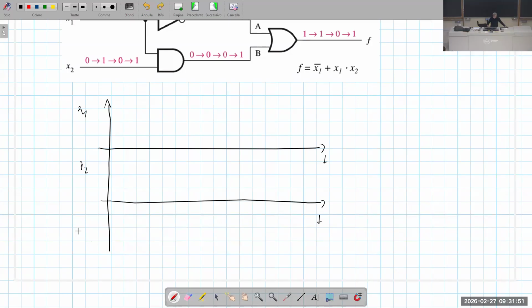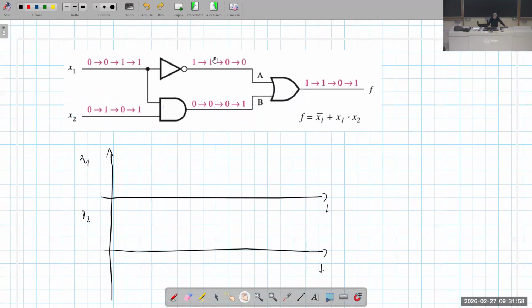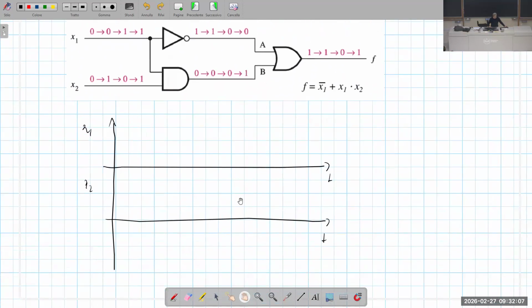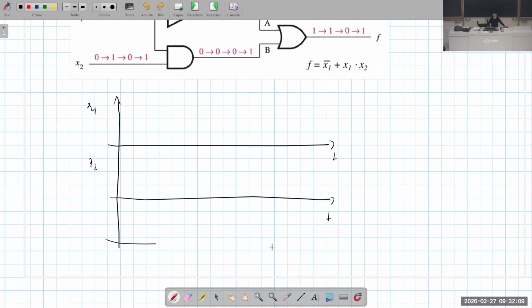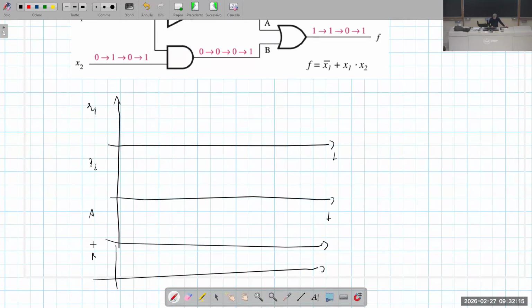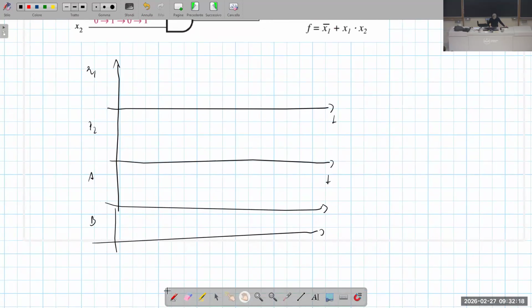To do that, step by step, we can start from the logical values of the intermediate output signals. In particular, if we call A this output signal of the NOT gate, let's plot A, let's plot B, and finally let's plot the output F.